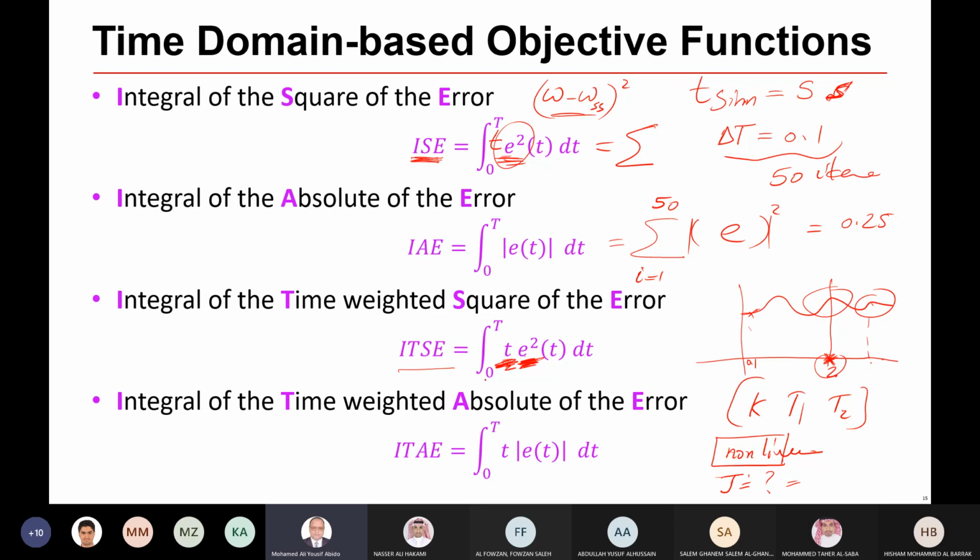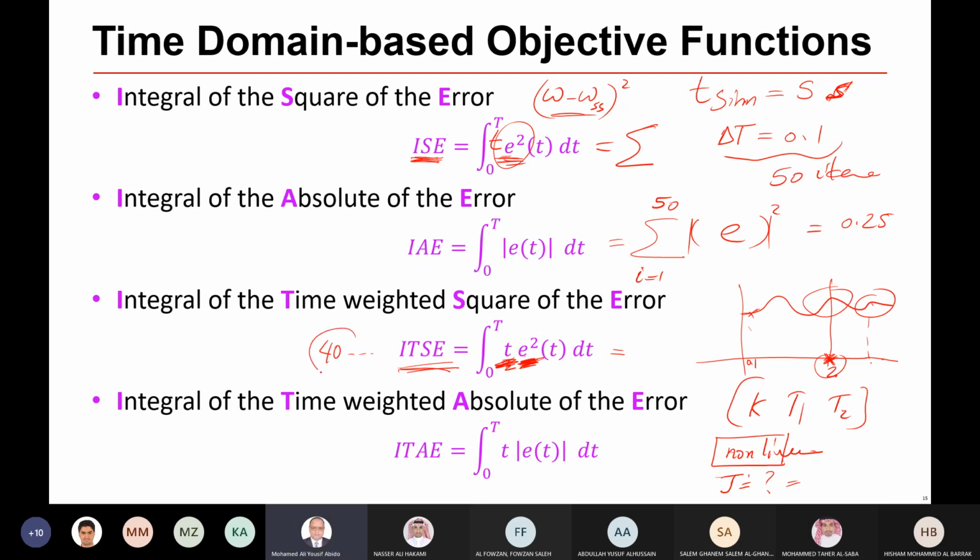When you use such a performance index, since you are multiplying by time at each iteration, you see, at each iteration you multiply by 2, by 3, by 4, and so on, with the time of the simulation. So the order of this objective function, for example, could be 40, something like this.